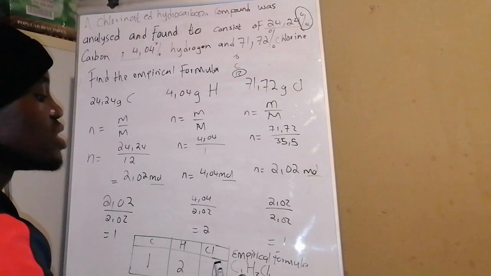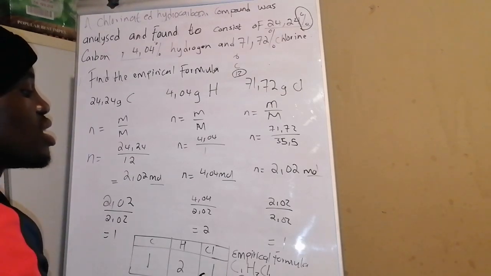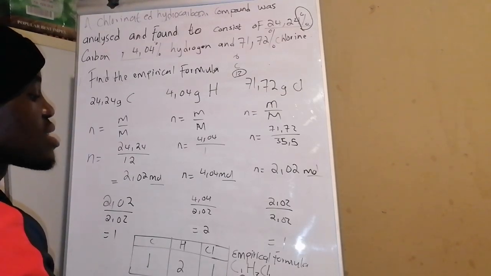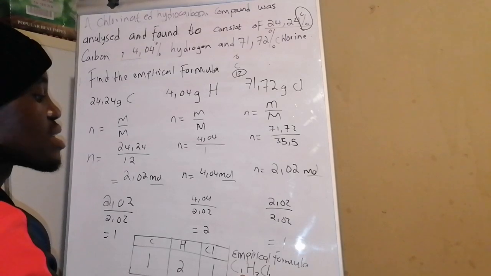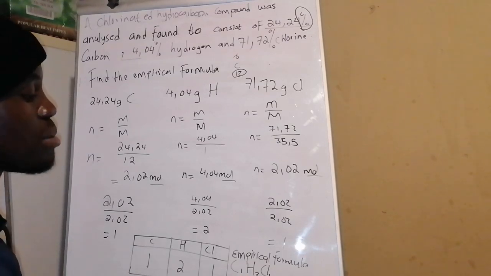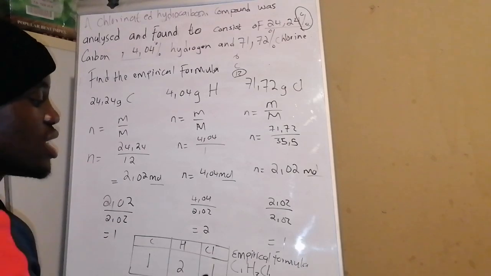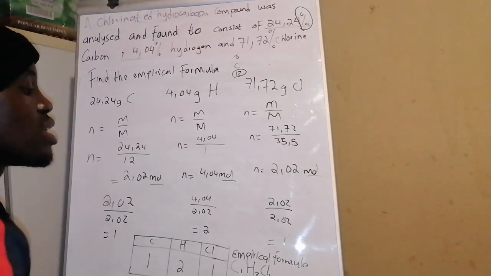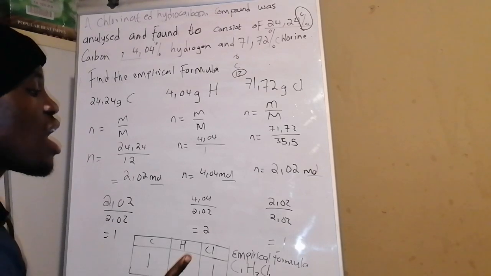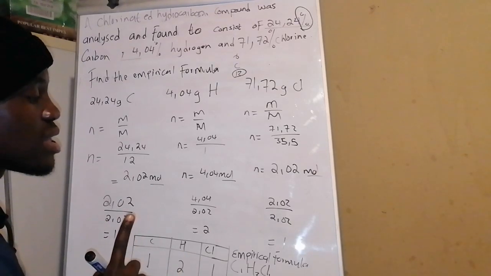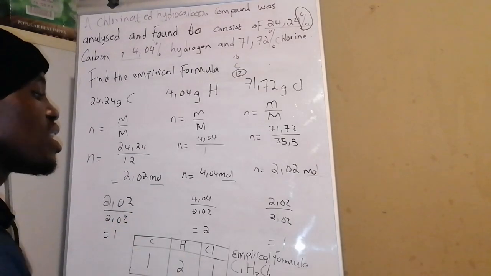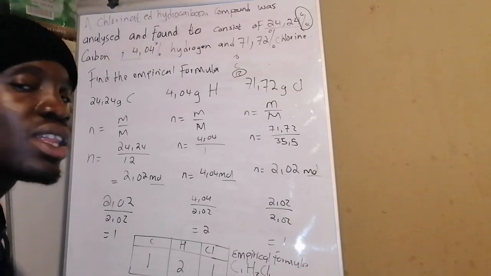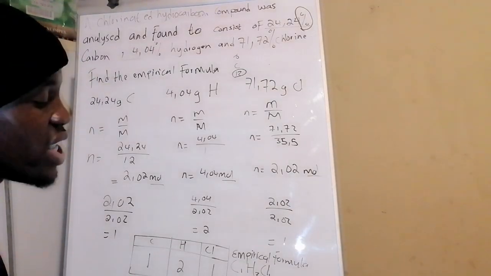Even if you don't put them, because you know that this number here is a subscript showing us how many times the element is repeated. So here it means that we have 1 carbon, 2 hydrogen atoms, and 1 chlorine atom. Remember when you started this lesson, I showed you the difference between elements and compounds, right?